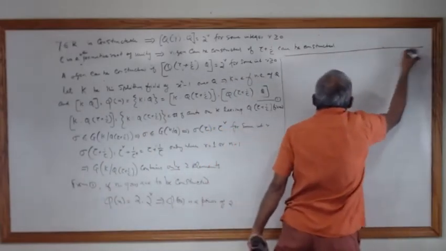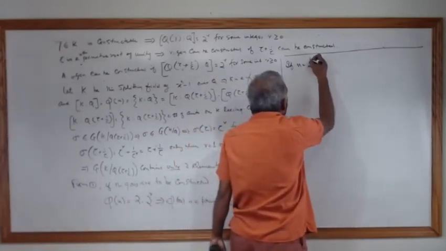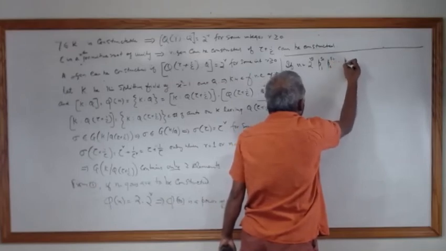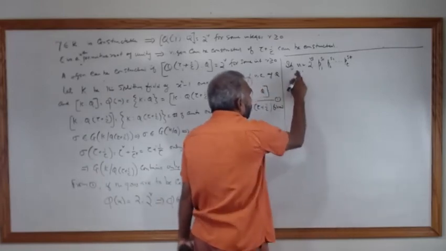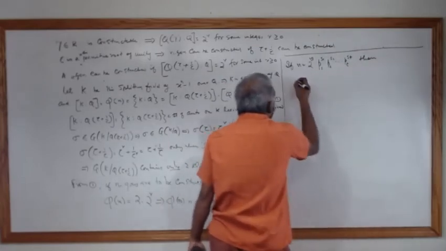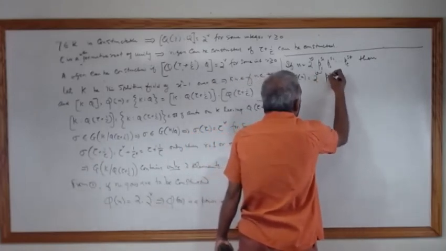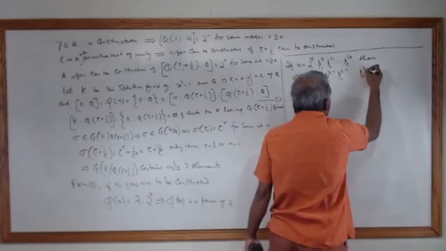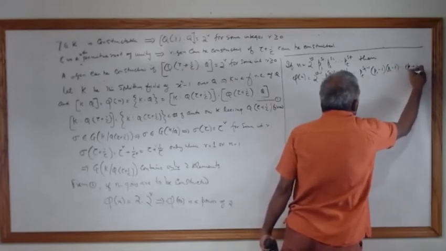If n is equal to 2 to the power of v times p1 to the power of s1 times p2 to the power of s2 times dash dash pt to the power of st, you can factorize any integer in this form, then the Euler function of n is equal to 2 to the power of v minus 1 times p1 to the power of s1 minus 1 times p2 to the power of s2 minus 1 times dash dash pt to the power of st minus 1 times p1 minus 1, p2 minus 1, dash dash pt minus 1.